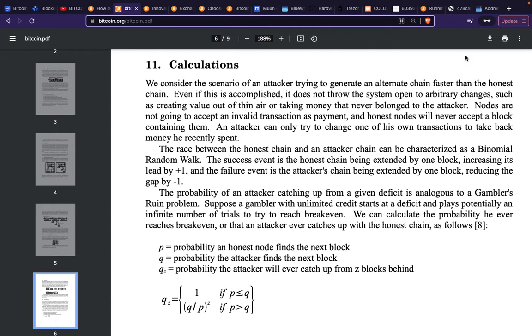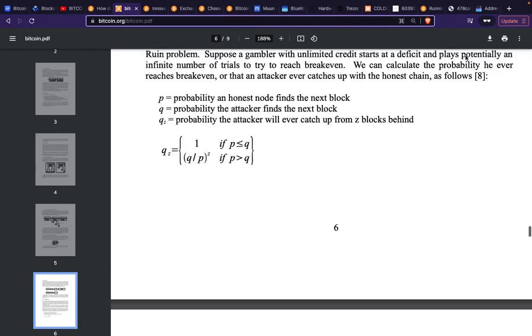I'm going to go deeper in the next video on the reason why you cannot forge the 21 million Bitcoin cap, which is really tied with time, right?